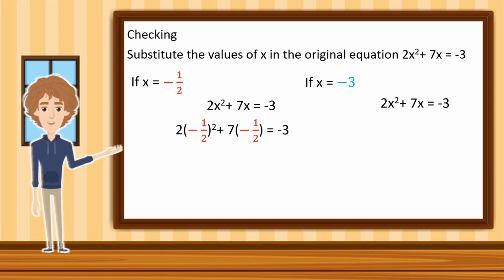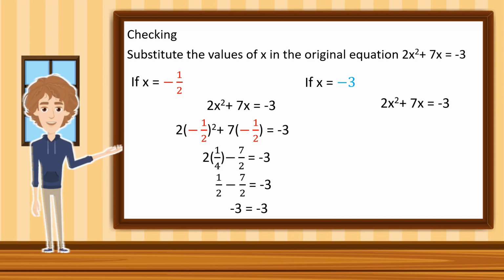Let us substitute negative 1/2 for x, and we have 2 multiplied by negative 1/2 squared plus 7 multiplied by negative 1/2 is equal to negative 3. Then 2 times 1/4 minus 7 over 2 is equal to negative 3. And 1/2 minus 7/2 is equal to negative 3. And negative 3 is equal to negative 3.